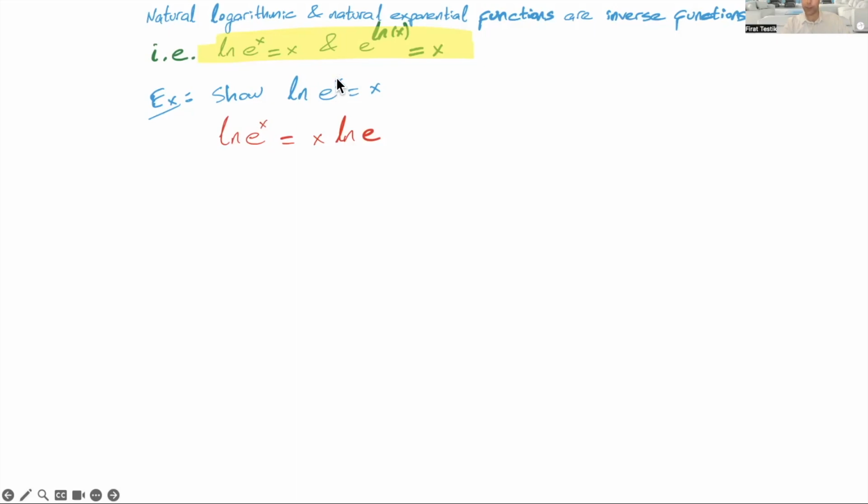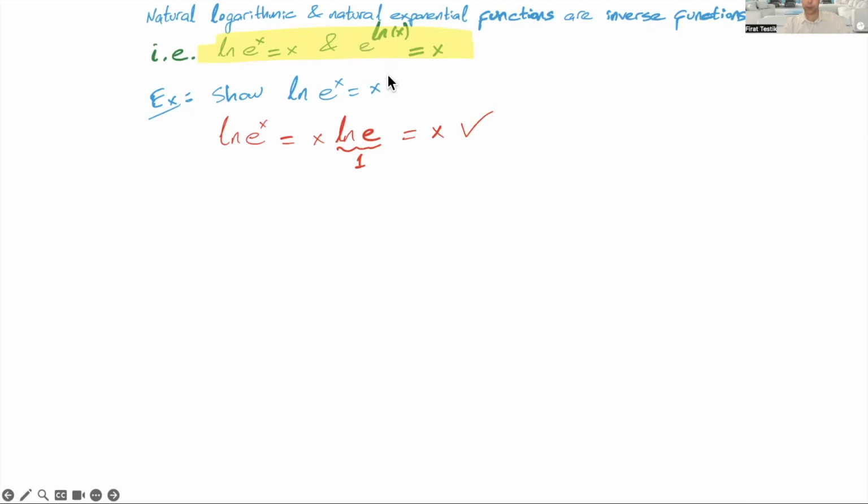In e to the power x, this x is the exponent, so we can move it as the multiplier of the ln, and now the argument is just the base of the initial exponential function. We have already shown that natural logarithm of e is equal to 1, so x times 1 is equal to x, which basically shows that this equation holds.